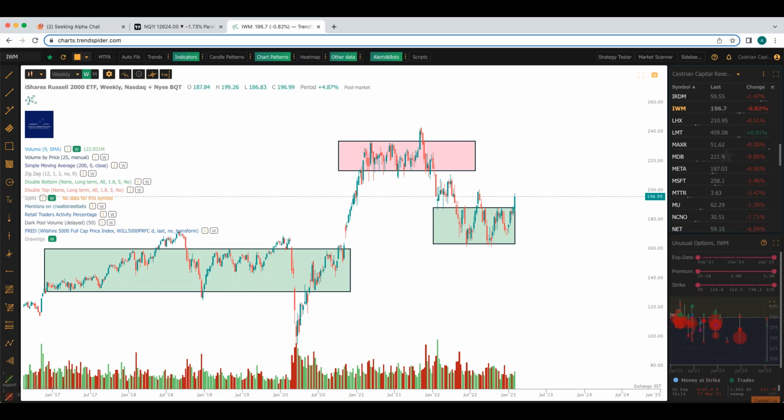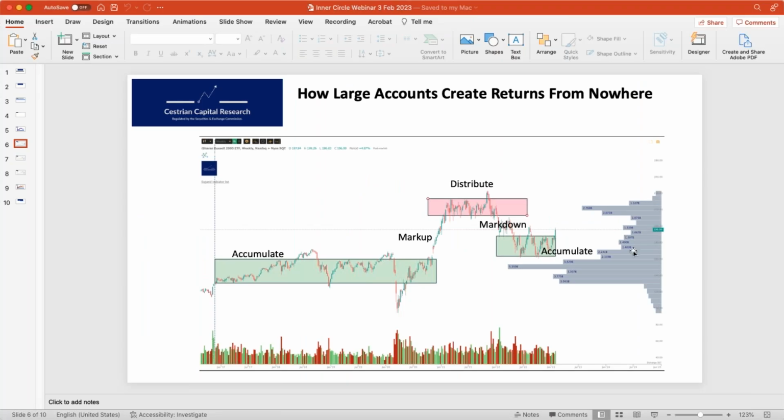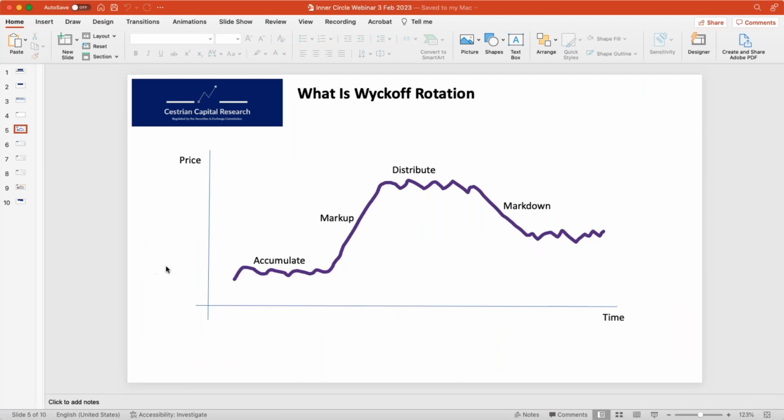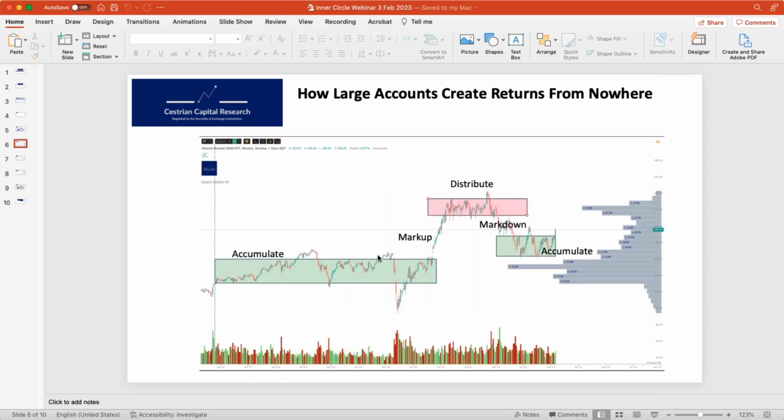Okay, I'm just going to go back to the presentation here. So this idealized form that I talked about a moment ago isn't a flight of fancy. It's not something that's only talked about in college classes. It actually is how the market works.